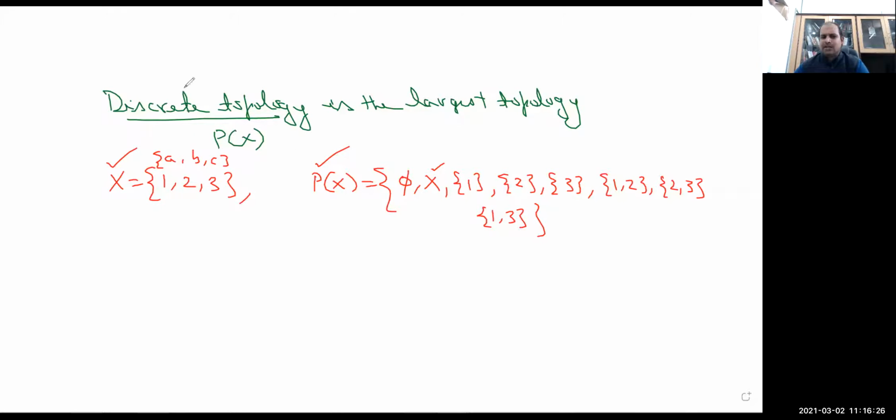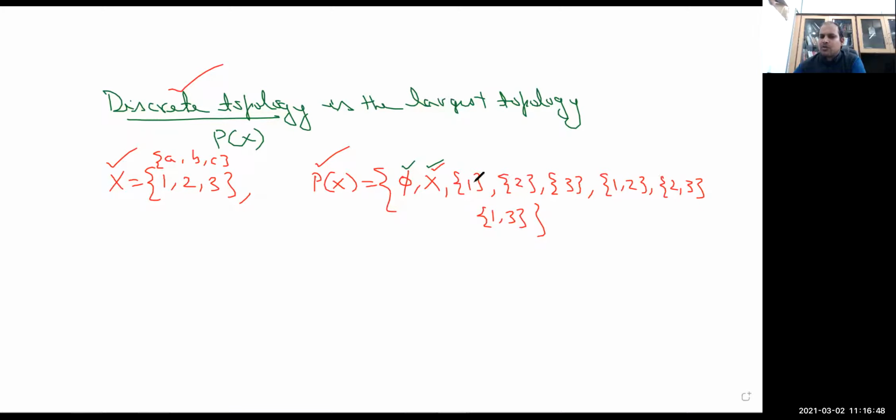So on this set we have taken this power set. The power set is basically the discrete topology, because you can check that the first condition for a topology is that phi and X should be there. Second, finite intersection and arbitrary union. Whatever union you take will be a subset, and since it is the power set, it is going to be a member of that set.